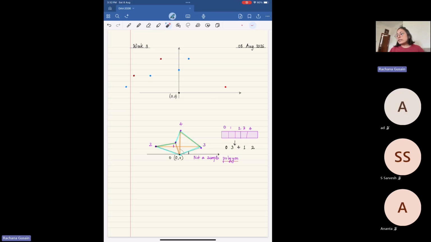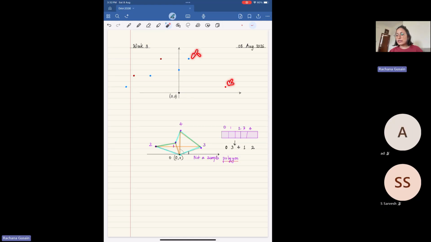Our problem is to sort the points in the increasing order of angle so that it's guaranteed that the resulting polygon is a simple polygon. So the main goal is essentially to sort these points in the increasing order of angles. Is that clear?